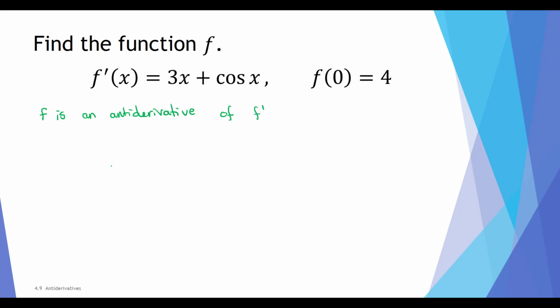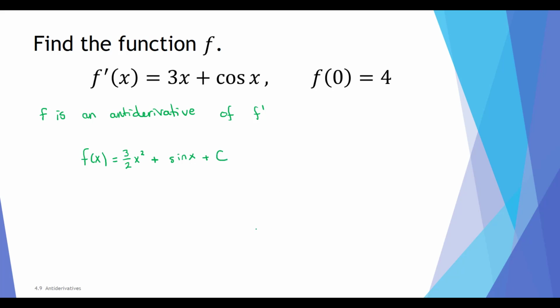So if I know that f prime of x is equal to 3x plus cosine x, then f of x is a function whose derivative is 3x plus cosine x. So the antiderivative of 3x is 3/2 x squared, and the antiderivative of cosine x is sine of x. And to get the most general antiderivative, we tack on plus c.